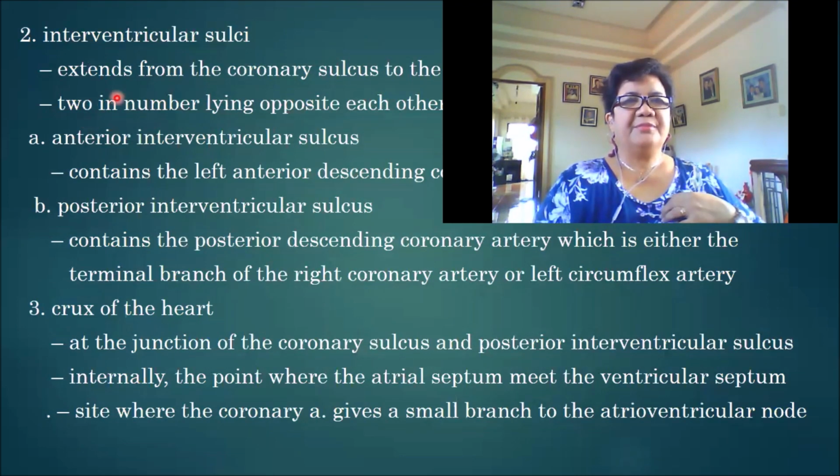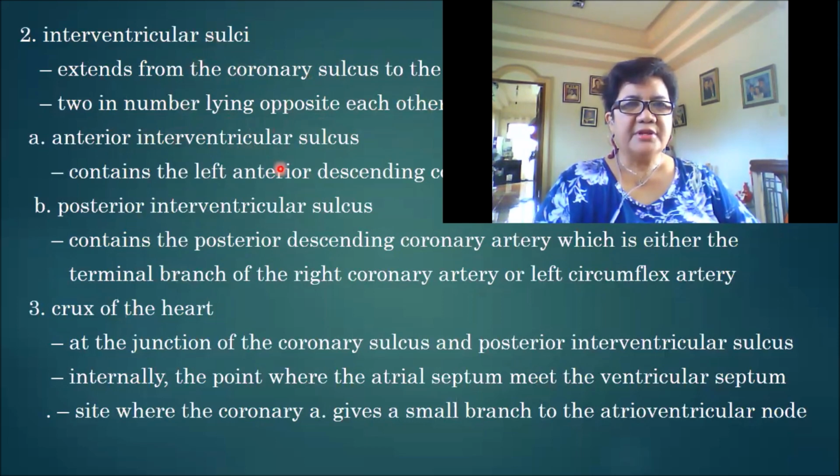From the coronary sulcus or the atrioventricular sulcus, that will be the beginning of your interventricular sulci, and it will reach to the apex or the inferior portion of the heart. There will be two in number lying opposite each other.